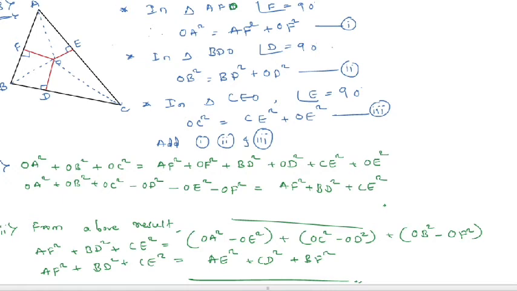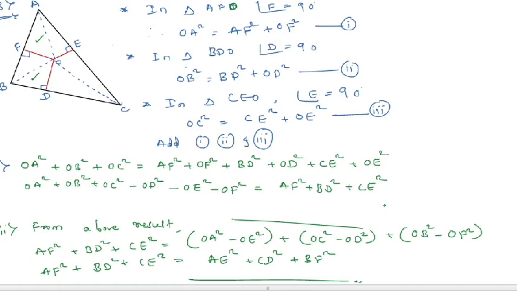According to Pythagoras theorem, we can write OA square is equal to AF square plus OF square, call this as equation number 1. Now, consider another triangle BDO. Angle D is equal to 90 degree. So, you can write OB square is equal to BD square plus OD square, call this as equation number 2.